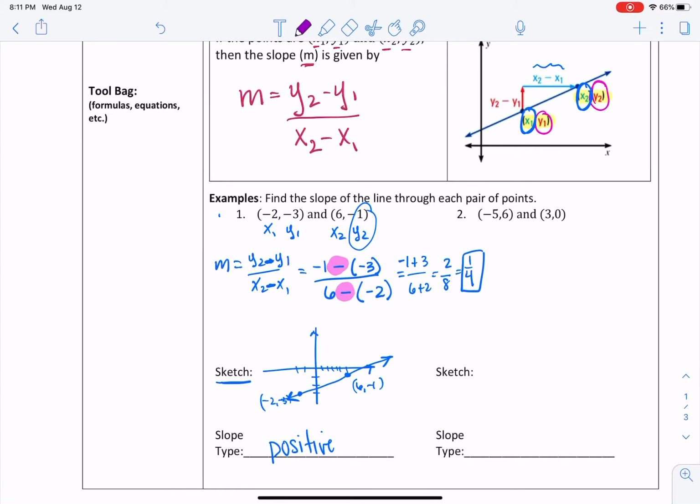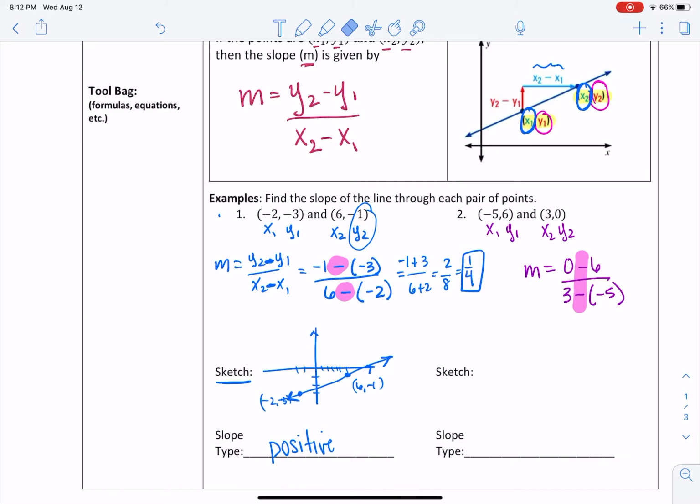Now let's look at the second one. X1, Y1, X2, Y2. M equals Y2 is 0 minus 6 over 3 minus a -5. Remember I said that initially those must be negatives.